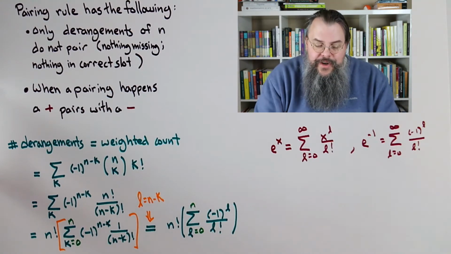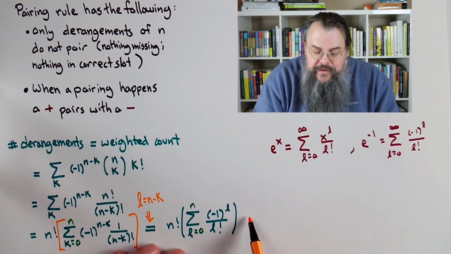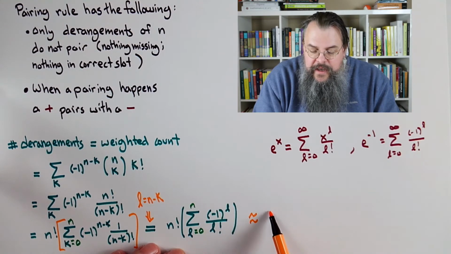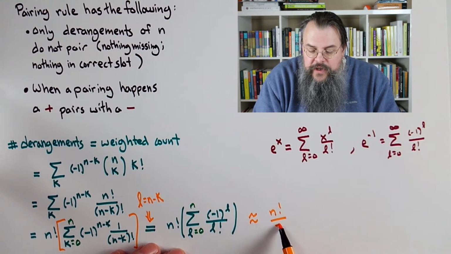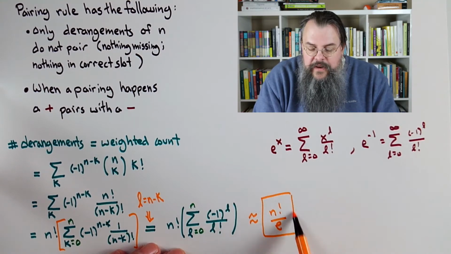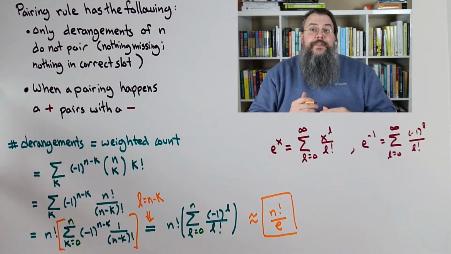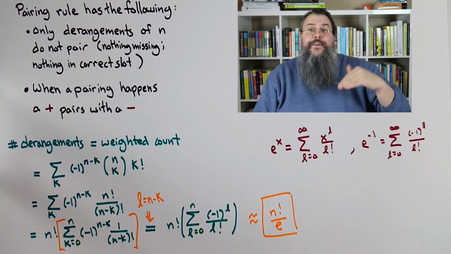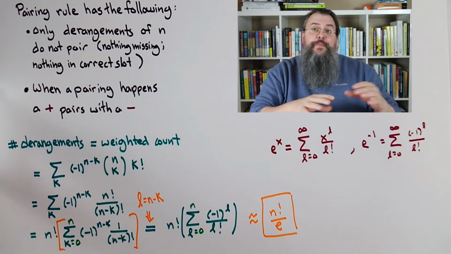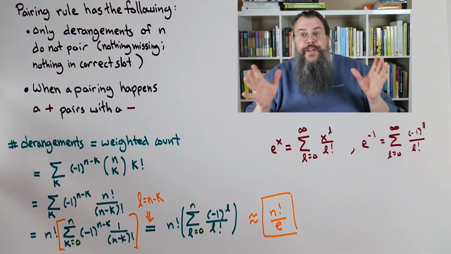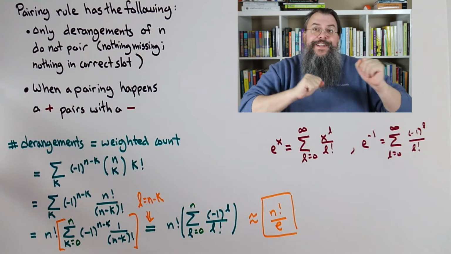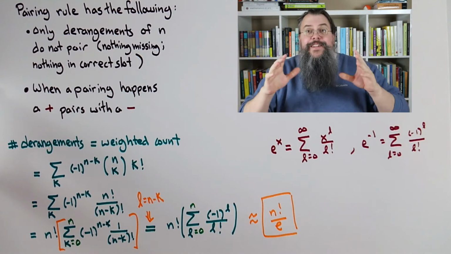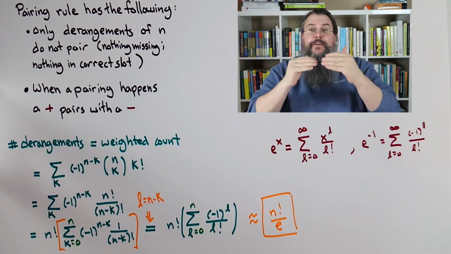And so we say, aha, this is very much like n factorial over e. And in fact, that's a great answer. It turns out, if you take n factorial and divide by e, it won't be a whole number because e is a very strange number. It's 2.71828.